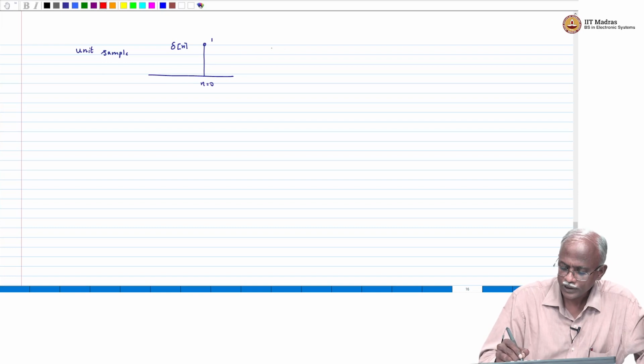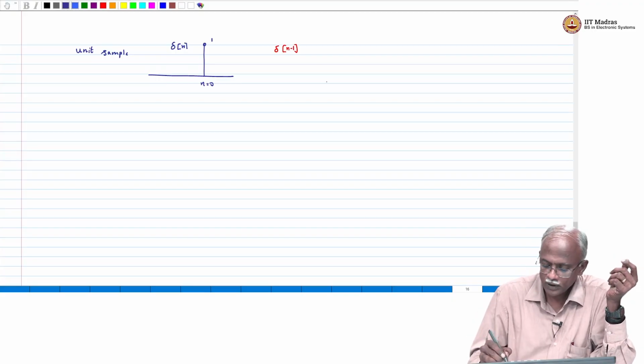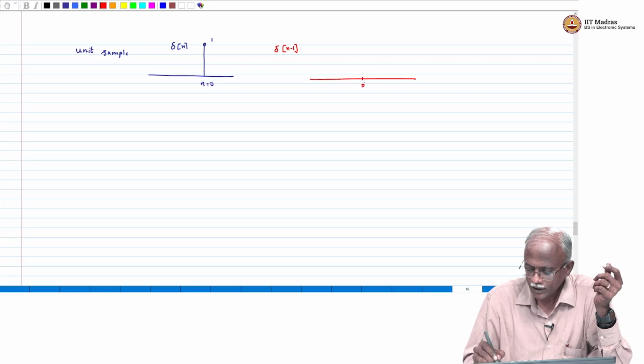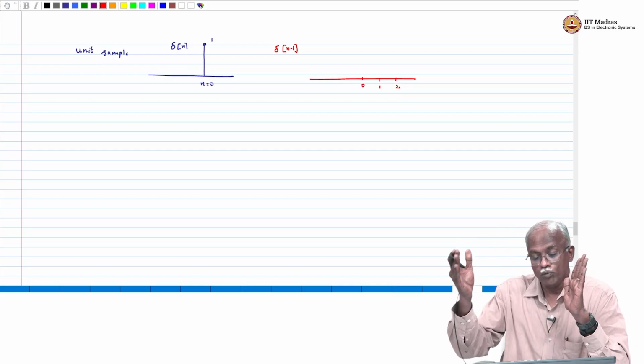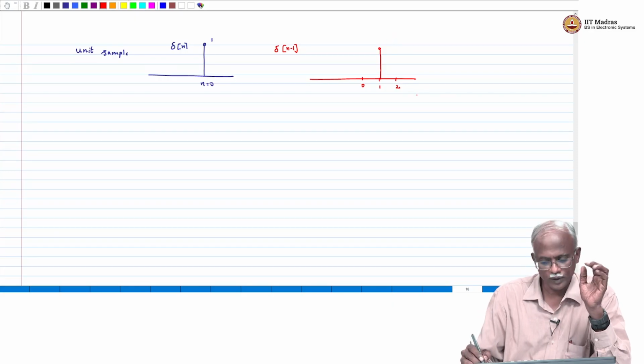Now, I want you to sketch delta of n minus 1. This is 0, 1, 2, whatever was at 0 will now move to 1. So, this is delta of n minus 1.